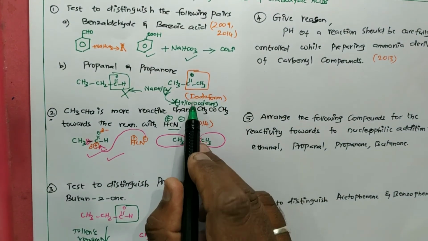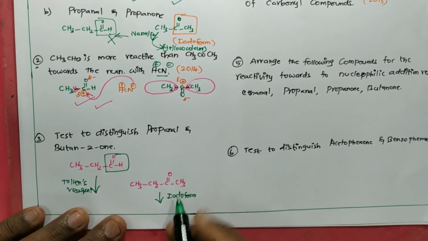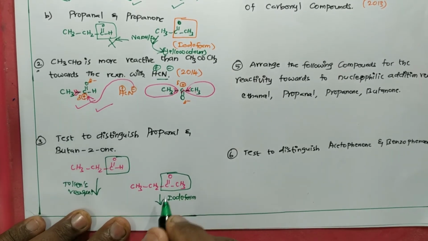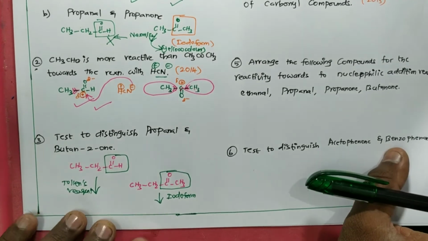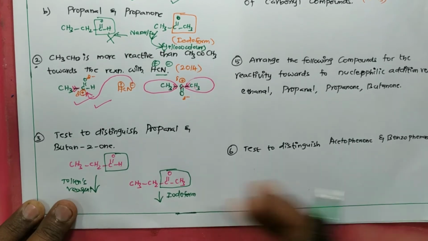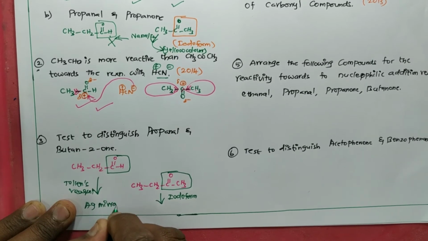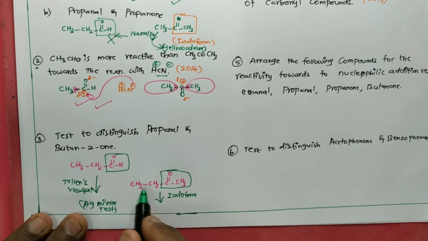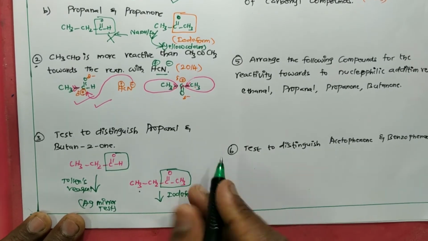If it reacts with sodium hydroxide and iodine, it gives a yellow precipitate, and that yellow precipitate gives the information about the existence of a methyl ketone in the compound. Are you able to understand? Either we can do the iodoform test or the silver mirror test. If you react with Tollens reagent, it forms a silver mirror, the Ag mirror test. So propanal will give the silver mirror test, but butanone will not respond to Tollens reagent, and propanal will not respond to the iodoform test.